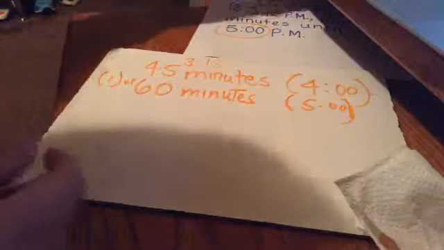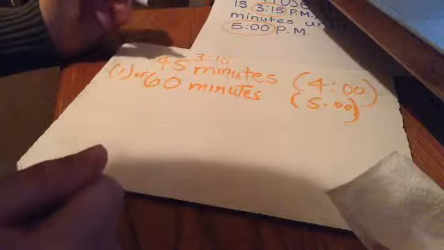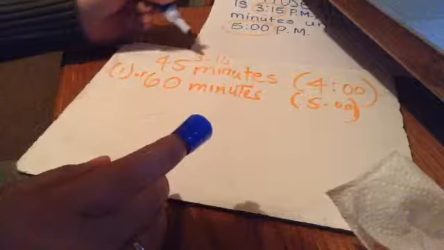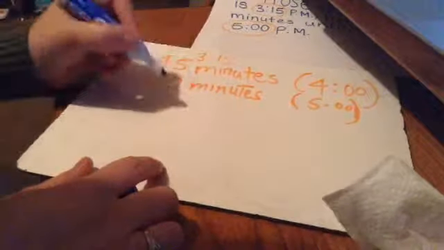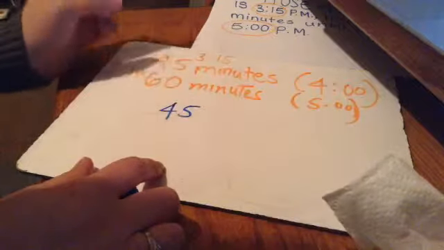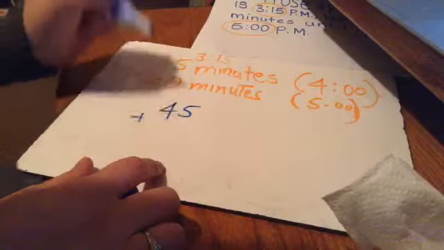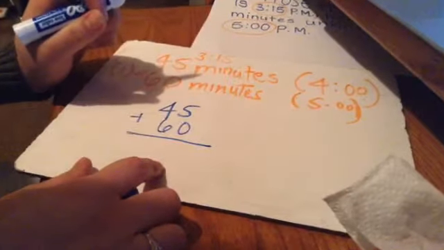So let's add this. To find the elapsed time from 3:15 to 5, we have to add those minutes: 45 minutes until 4, plus 60 minutes. Okay?